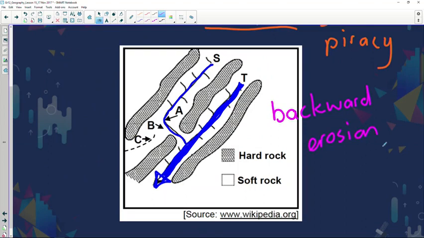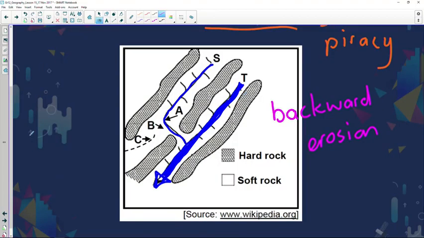So basically what happens, if you look over here, this river T, it's got much more volume of water. So the velocity of water is going to be greater. So the erosion capabilities of river T is greater than river S.